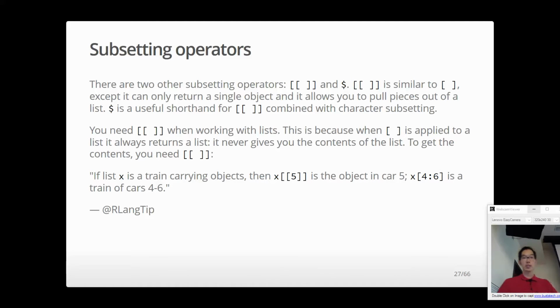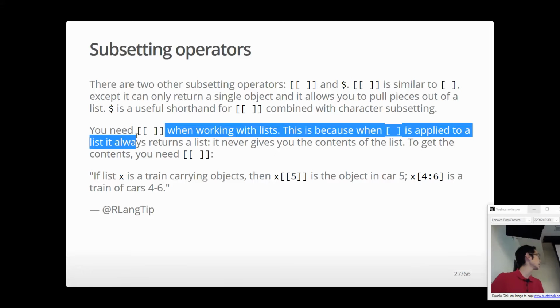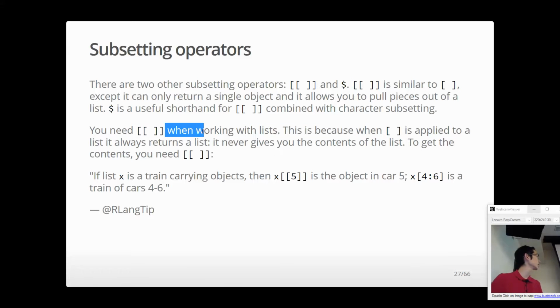Okay, so we've got double bracket and $ sign. When you're dealing with lists, you're going to need double bracket. When you apply a single bracket to a list, it gives you back a list.